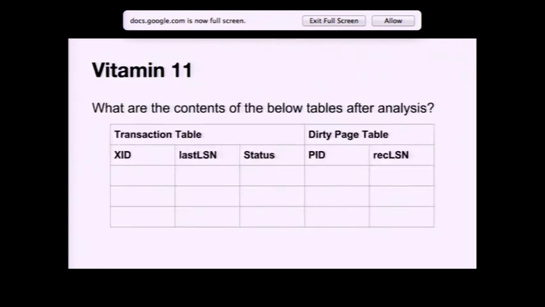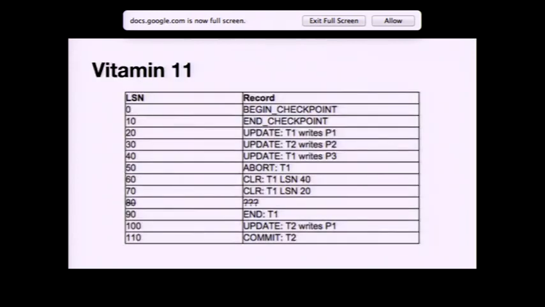All right. Let's look at the vitamin question here. What are the contents of the transaction table and the dirty page table after analysis? Let's go back a few slides. We saw that T1 aborted, but T2 is still going.